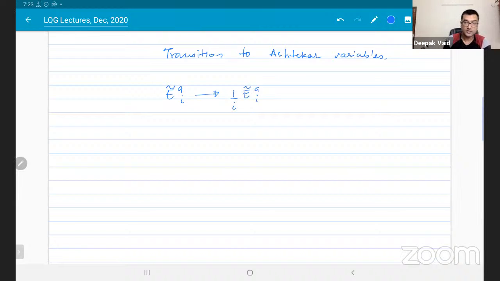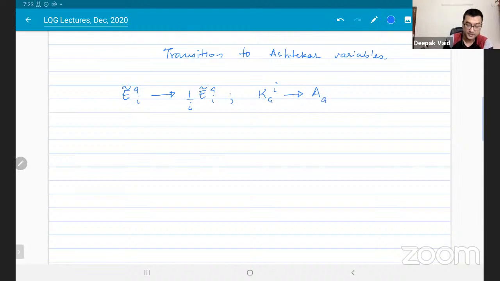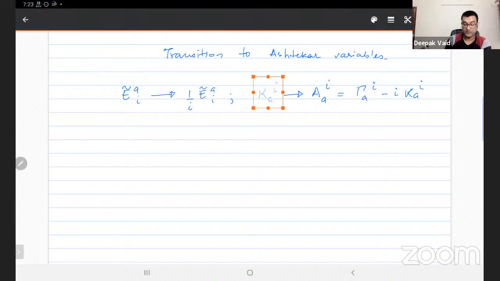So this transition to Ashtekar variables involves a canonical transformation on this phase space. This canonical transformation involves a rescaling of the densitized triad by a factor of square root of -1, and a translation plus a rescaling of the momentum.